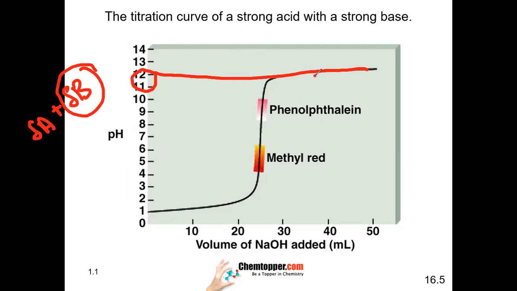And what's the color in this range? Pink. So phenolphthalein is an indicator which can be used in the titration of a strong acid and strong base or weak acid and strong base.